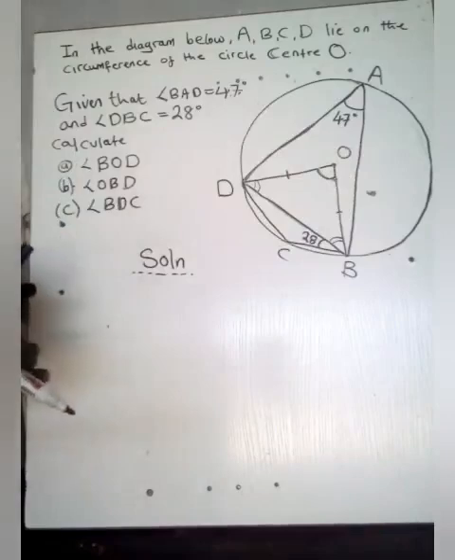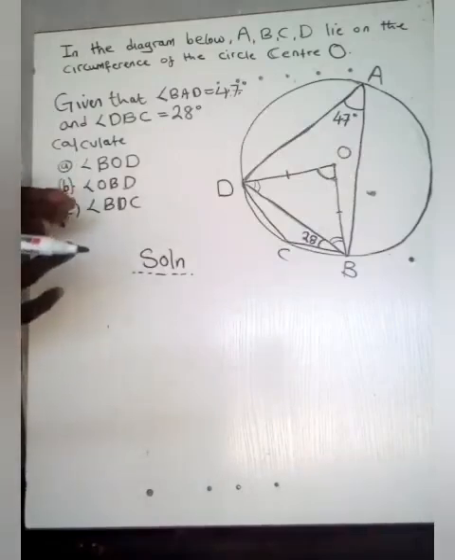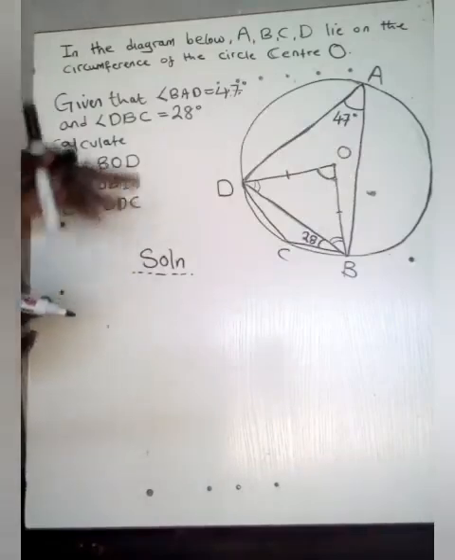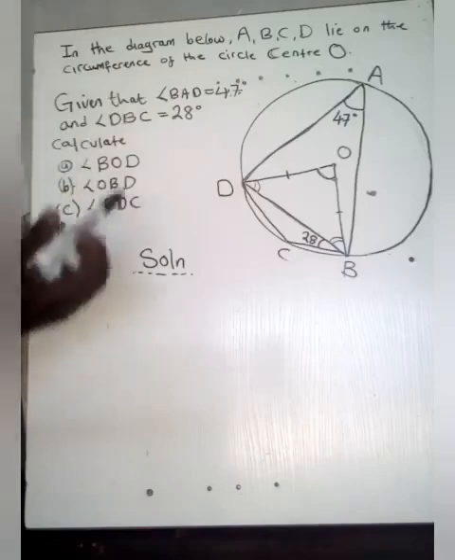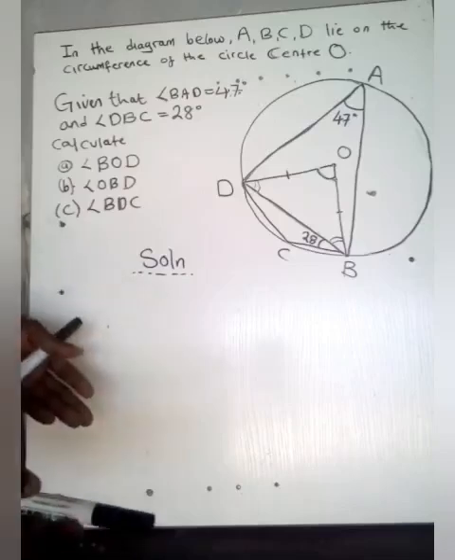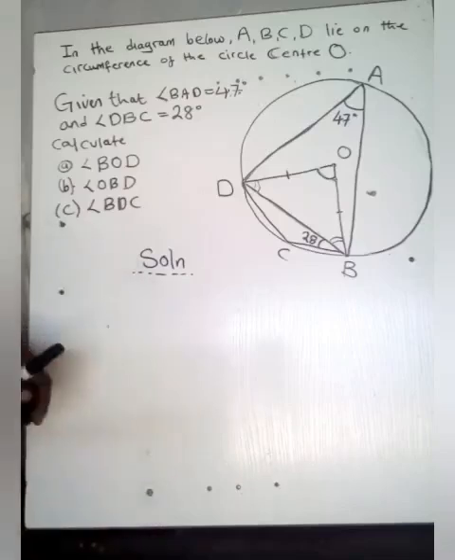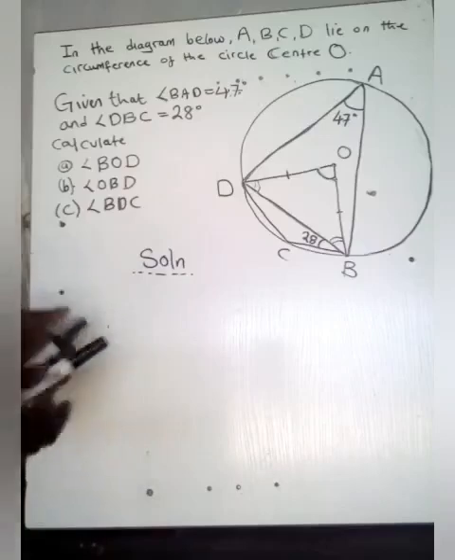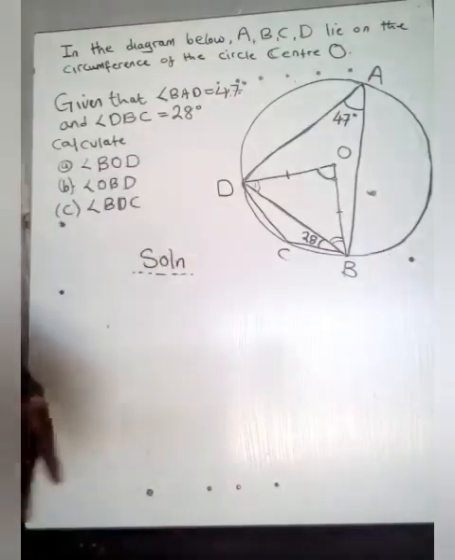What other theory can I also use? I can see a cyclic quadrilateral. The cyclic quadrilateral in our case is DABC. DABC is a cyclic quadrilateral. Like we said in the theory when explaining the cyclic quadrilateral, I'll just look at the opposite angles and they should add up to 180. That's so.